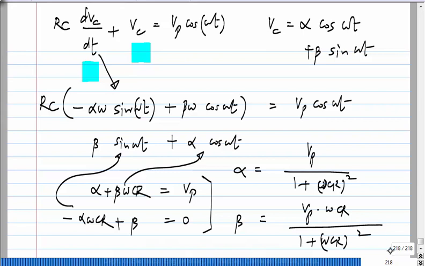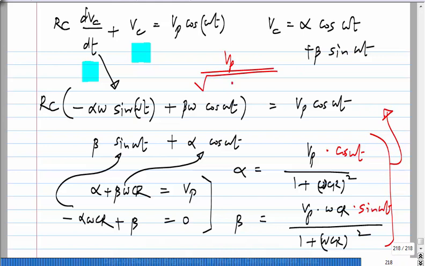Okay. It's very clear that you get exactly the same answer as before. The total will be this times cos omega t plus that times sin omega t, which gives you whatever we had earlier, right? Vp by square root of 1 plus omega Cr square, times cos of omega t minus tan inverse omega Cr.